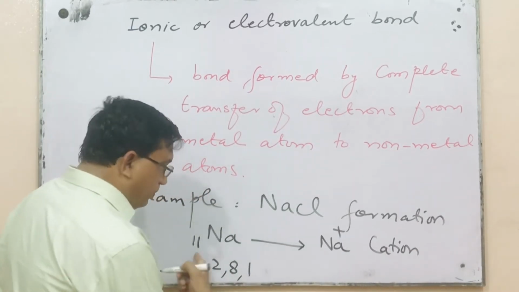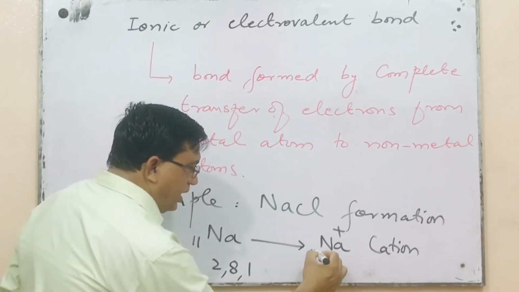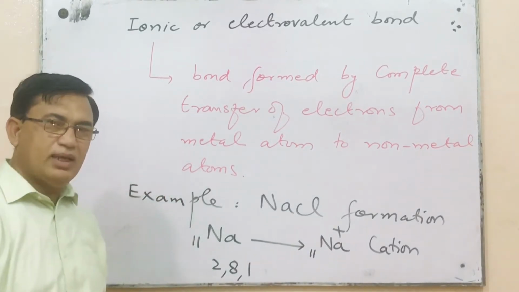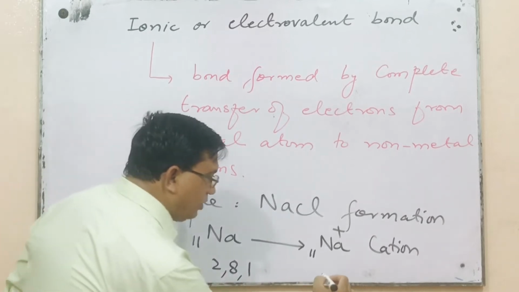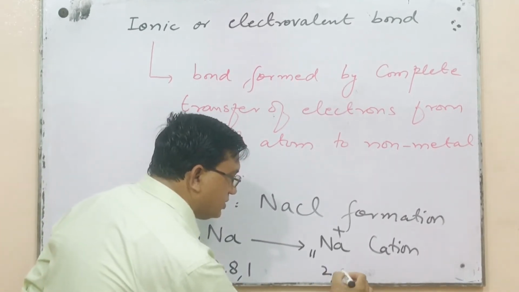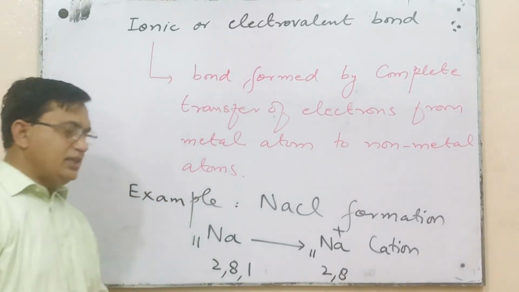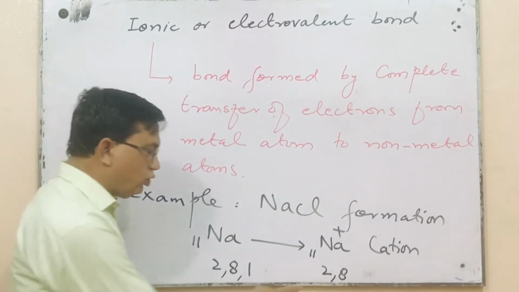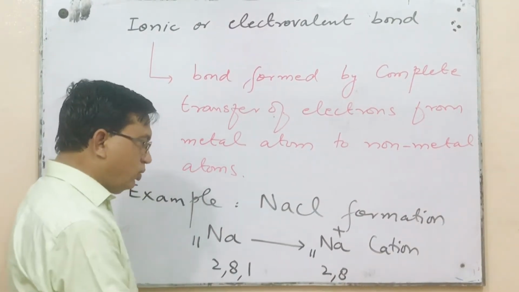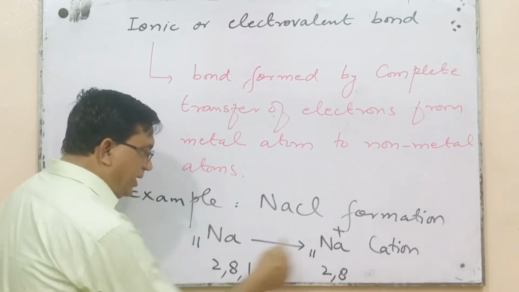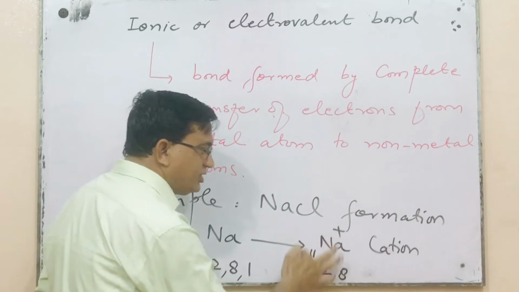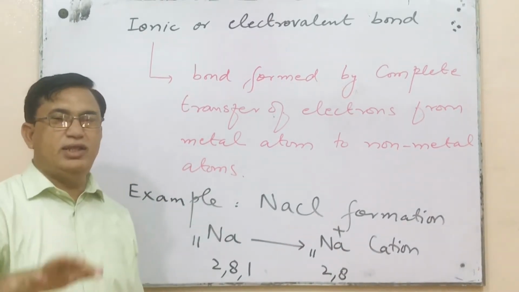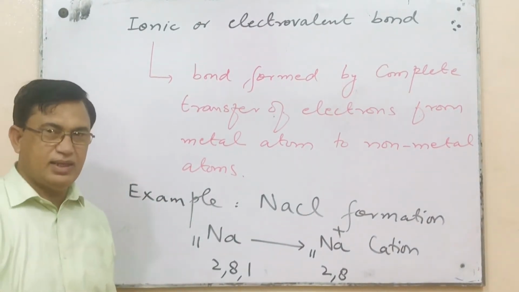Now, the proton number of the sodium ion will remain the same, but due to the loss of 1 electron, the electronic configuration will come just like this. This is the electronic configuration of noble gas. That's why in comparison with sodium atom, sodium ion is more stable with minimum energy.